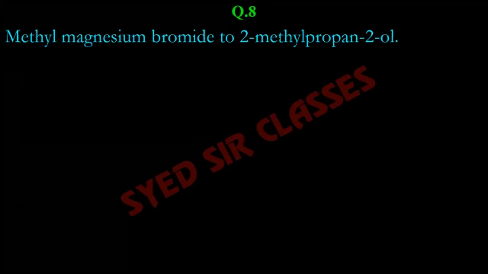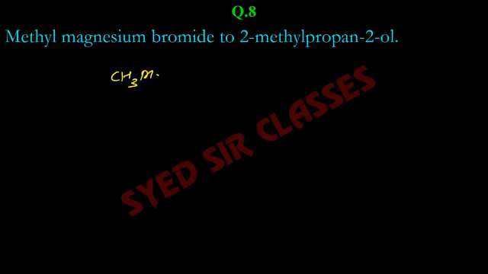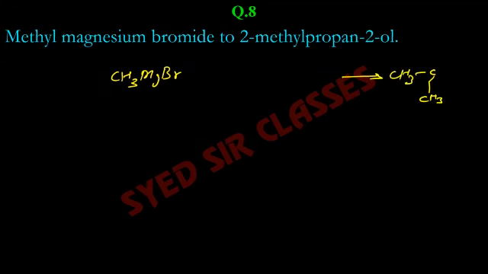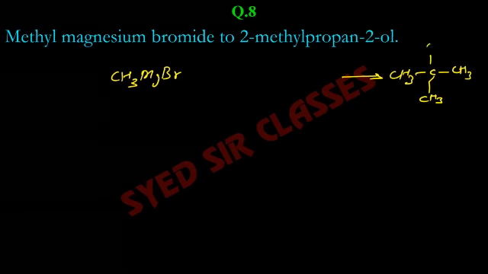Next, methyl magnesium bromide to 2-methylpropan-2-ol. Now here the Grignard reagent is given, so obviously you can react it with a ketone or aldehyde depending on what you need. Here CH3MgBr is given and you have to convert it to 2-methylpropan-2-ol. Again, a very easy one. You have already done this.